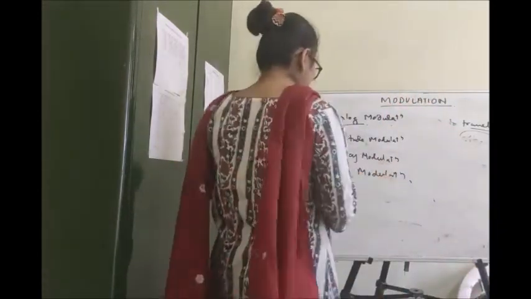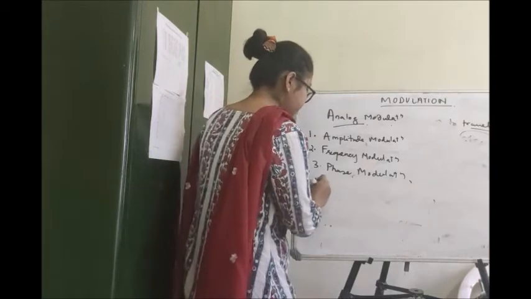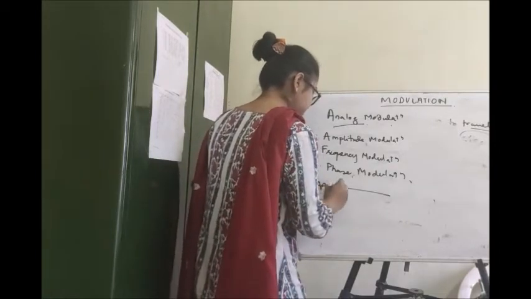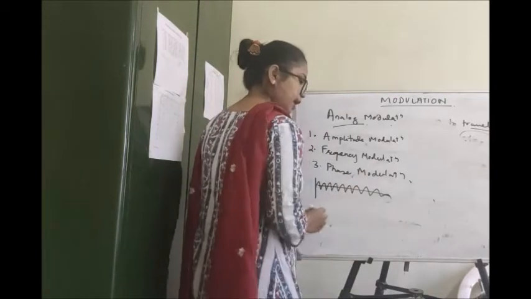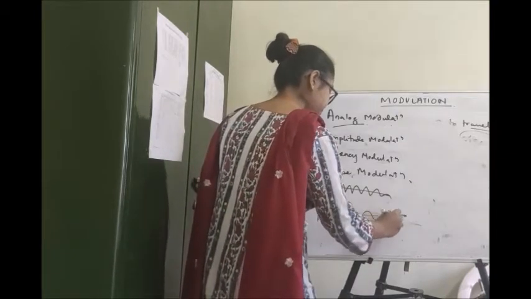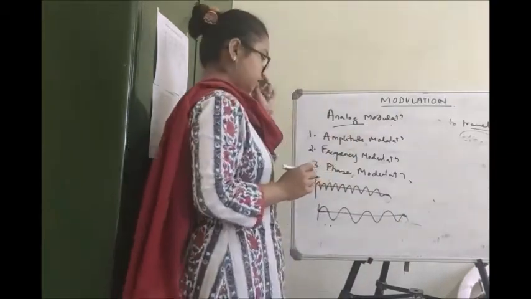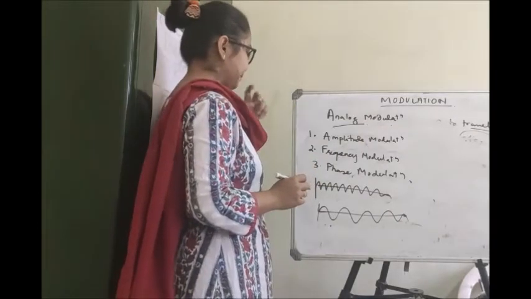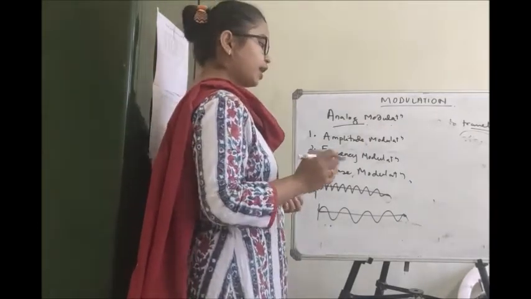What happens in frequency modulation is, suppose the information signal is like this and the carrier signal is like this. Now what do we have to do?